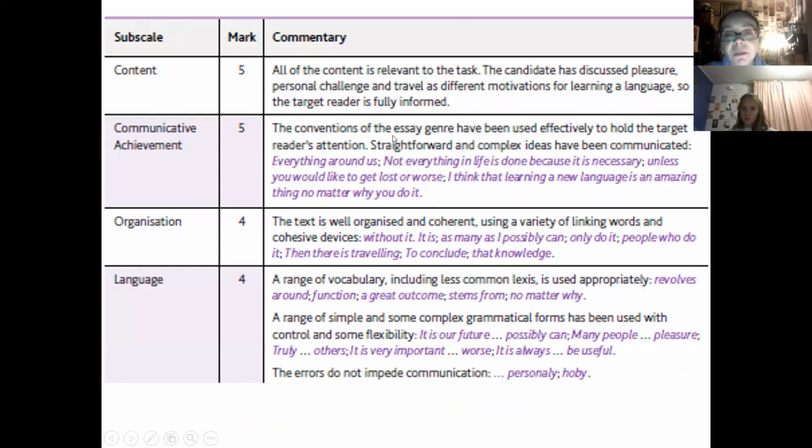5 for communicative achievement. 4 for coherence. Why 4? They don't explain why it's not 5, but okay. And the errors don't impede communication. Look, we didn't notice personally.